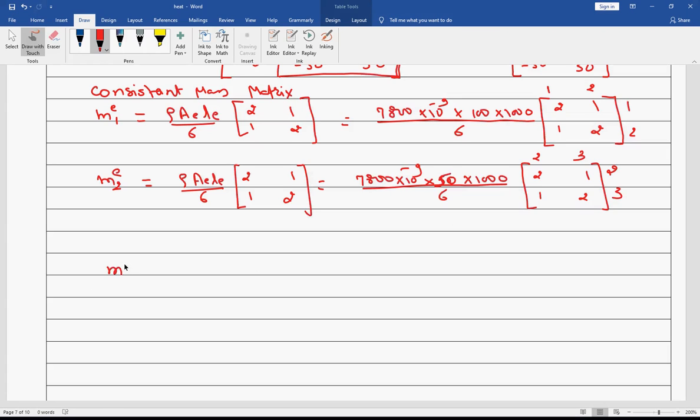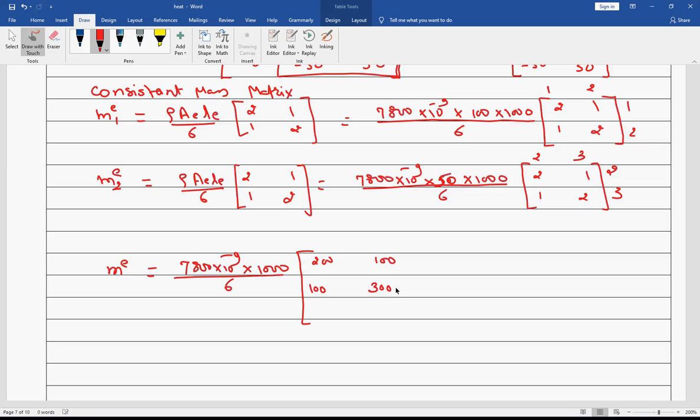So I'm supposed to get a global mass matrix. Okay. So I put the common factor to be 7800 into 10 to the power minus 9 into 1000 divided by 6. Only area is different. Okay. So 100. So 200. This will be 100. This will be 100. 200 plus 100.